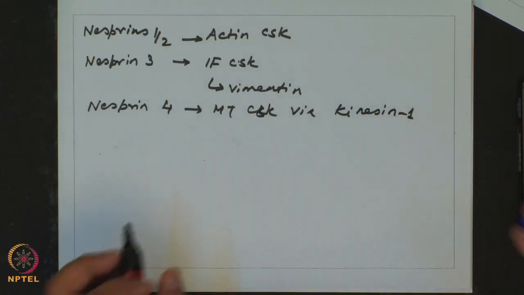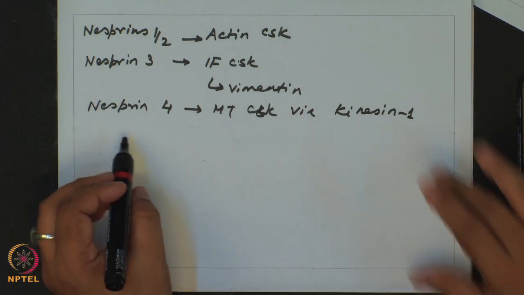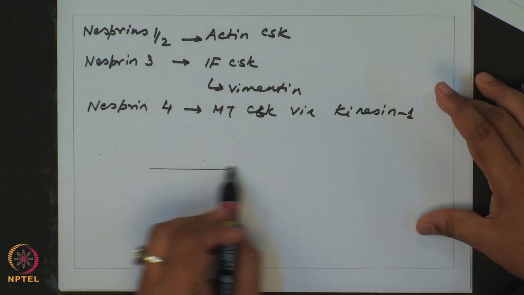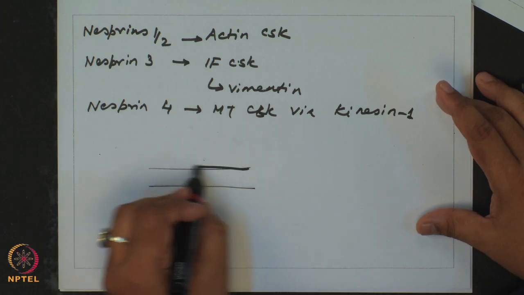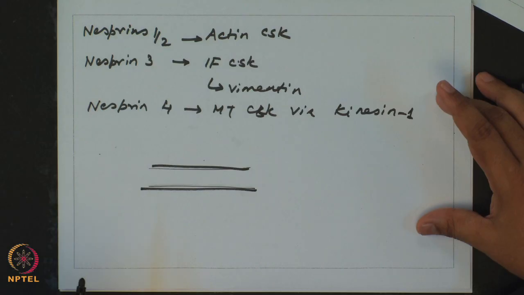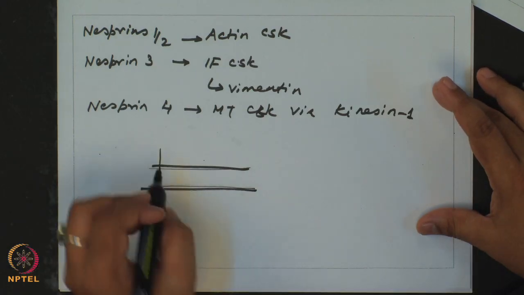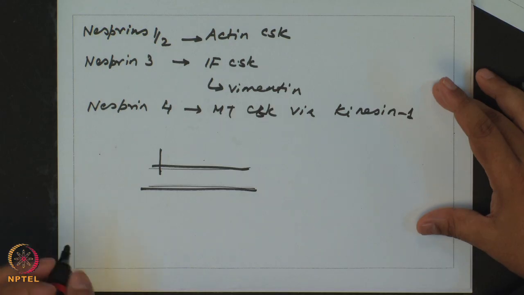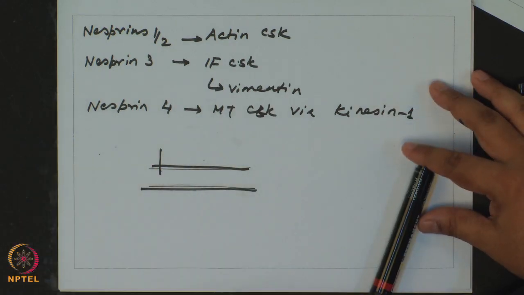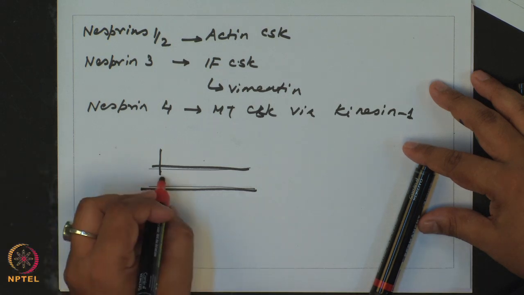So, if I draw the membrane in a little more detail, let us say if you have these nesprin molecules, they are known to bind to some proteins called SUN proteins.